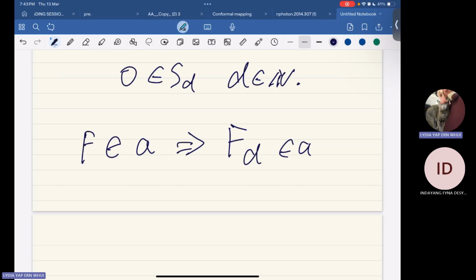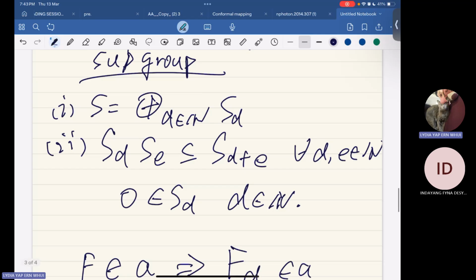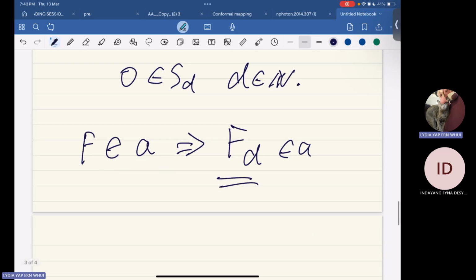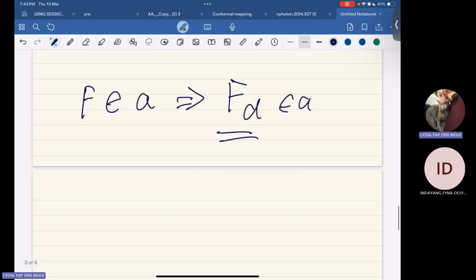And we can see that this f_d, we can define not only in a polynomial ring, but in every graded ring, because we see that S is equal to this direct sum, right? So everything in S can be written as a sum of elements where each element lives in one S_d. So our graded ideal should be like this.